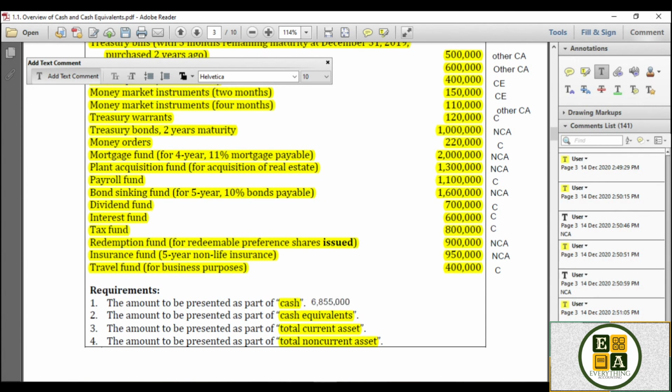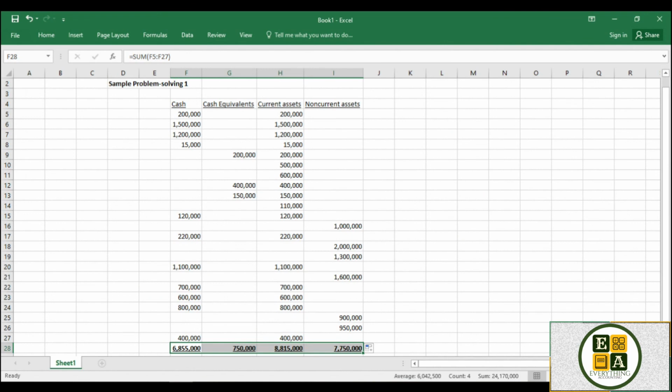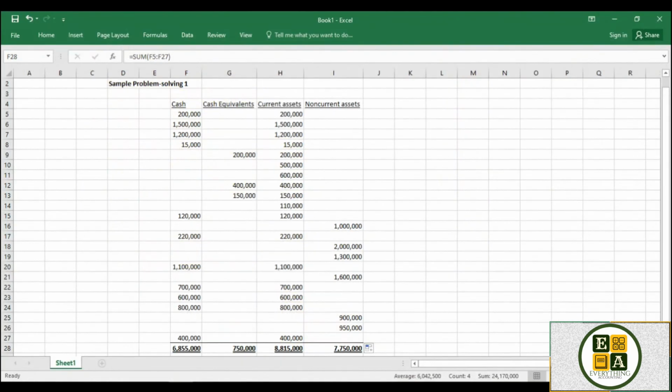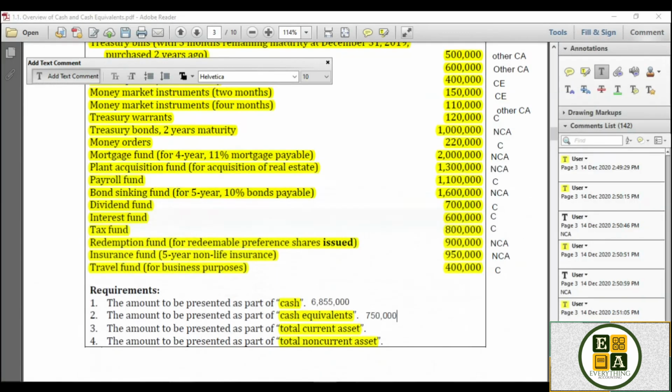Tama ba? Then, for cash equivalents, we have 750,000. Then, for current assets, we have 8,815,000.